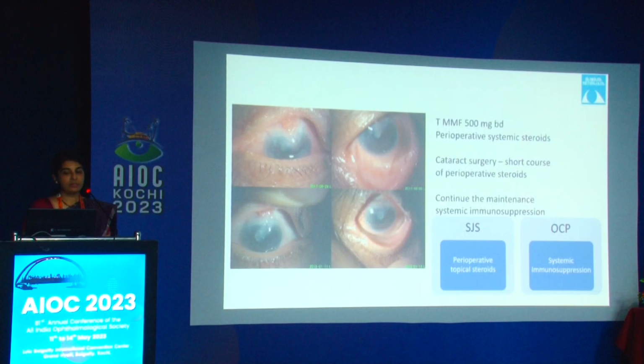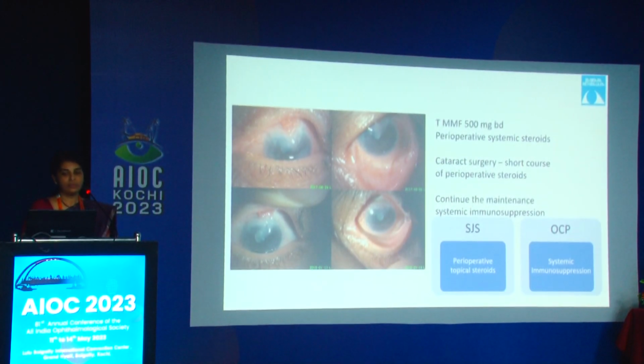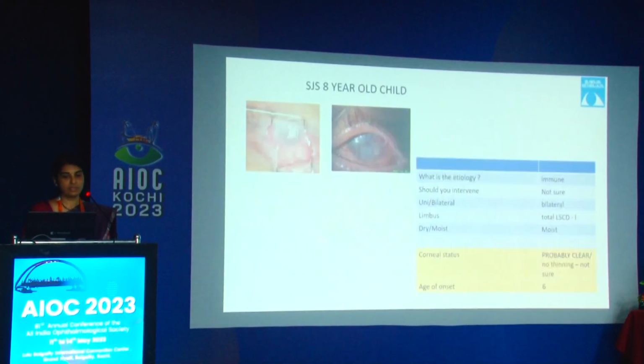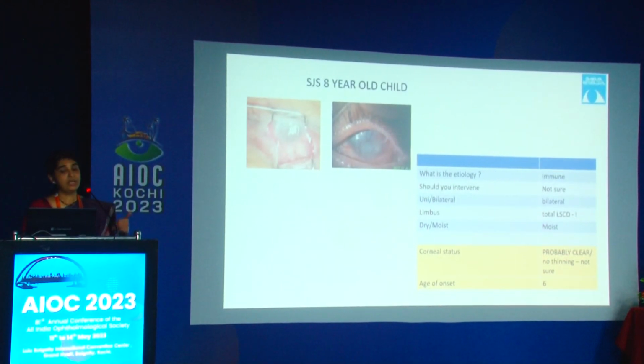How it differs in OCP and SJS is that in Stevens-Johnson syndrome, when you're doing a fornix reconstruction, you might not need to really subject these eyes to systemic immunosuppression, and you might be able to control the inflammation with perioperative topical and systemic steroids. Again, this is an 8-year-old child with Stevens-Johnson syndrome. So if we answer the questions that are common to every case scenario, we would get an idea regarding our decision making in these eyes.